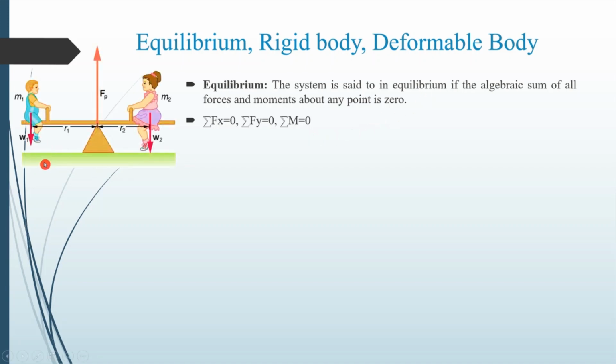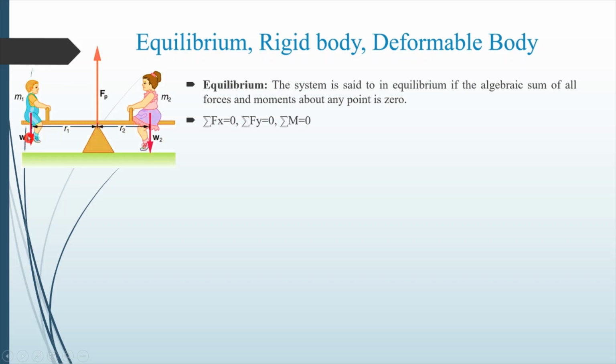Here on your screen you are observing two children sitting on a seesaw at distances r1 and r2 with masses m1 and m2, and weights W1 and W2. The weights are acting at the CG of that mass or children's body. And Fp is the reaction force offered by the fulcrum.